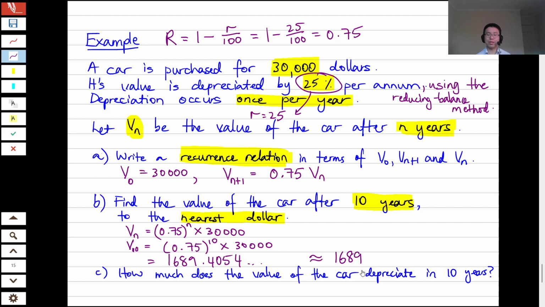So it's not worth much. But that's because it's losing a quarter of its value, 25% every year. You might think this depreciation rate is too high, so you might choose a different rate and get a different answer. And that's totally fine.